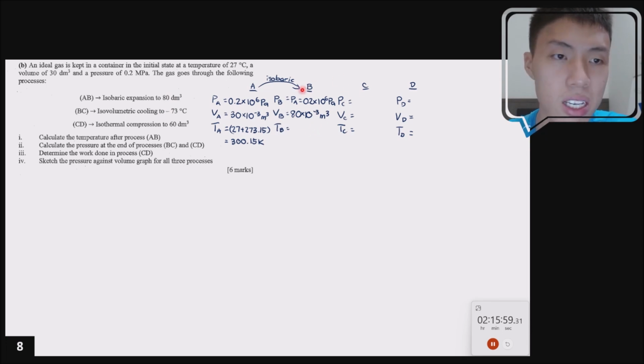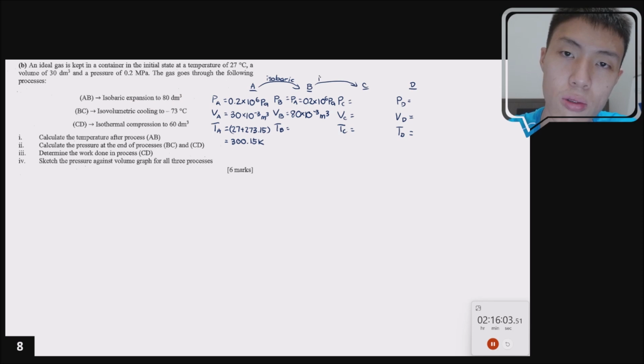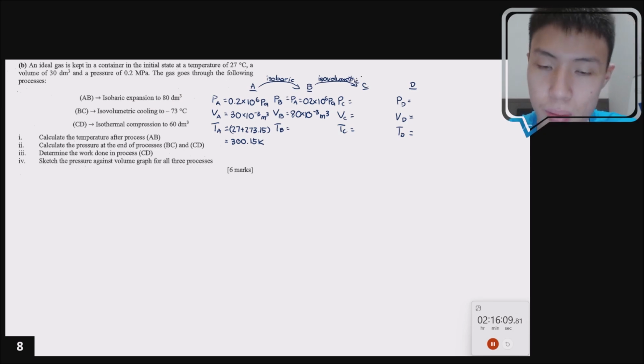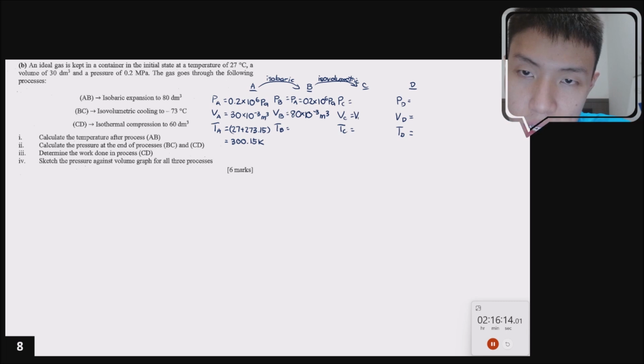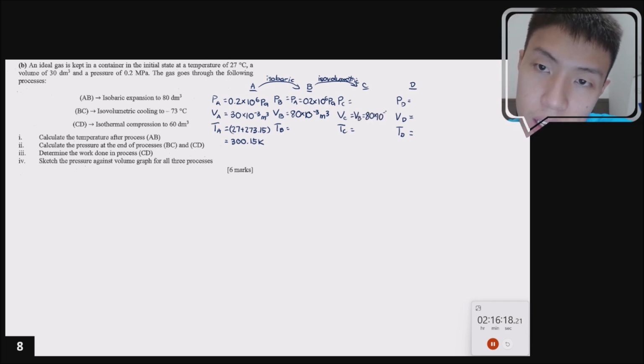Okay, next from B to C is isovolumetric cooling. Because it's isovolumetric, that means same volume. Because it's same volume, your volume will be the same as VB. Oops, I think out of space here. 80 times 10 to the power of negative 3 meter cube. Okay, your pressure, they didn't give you a pressure for C, they only give you a temperature.